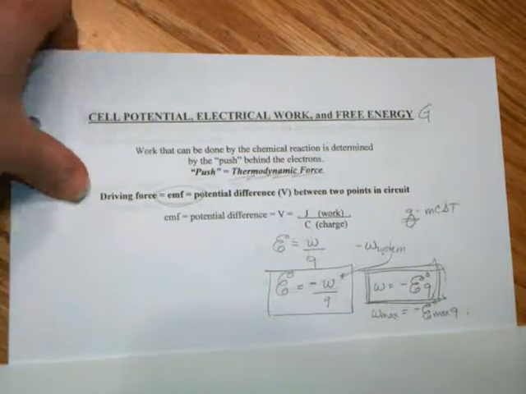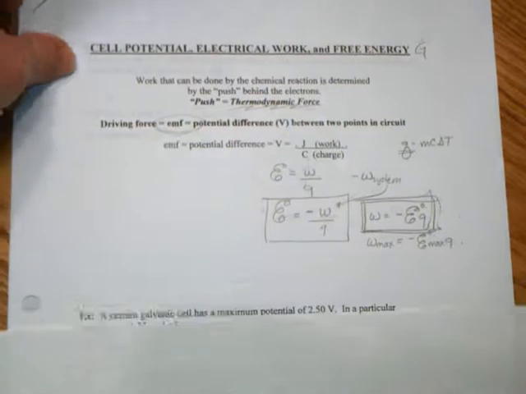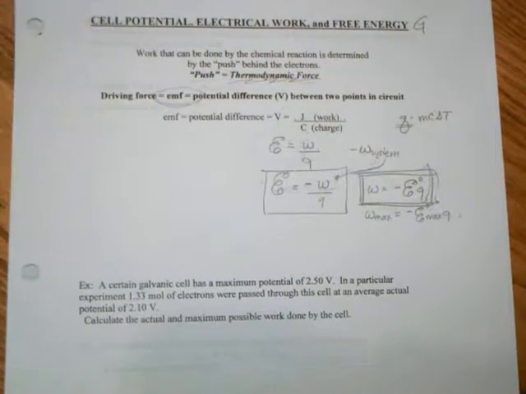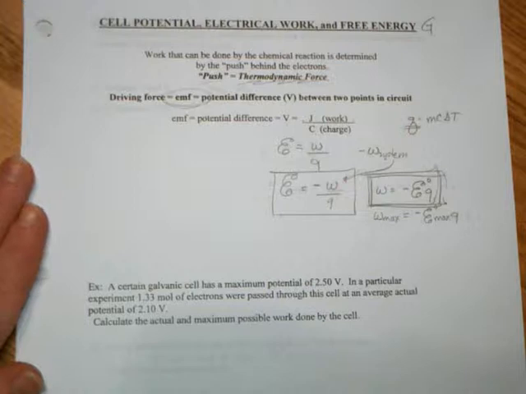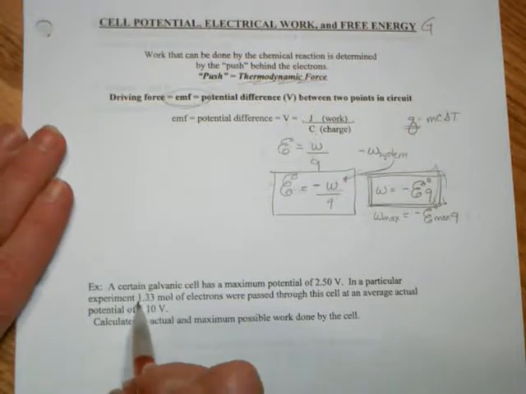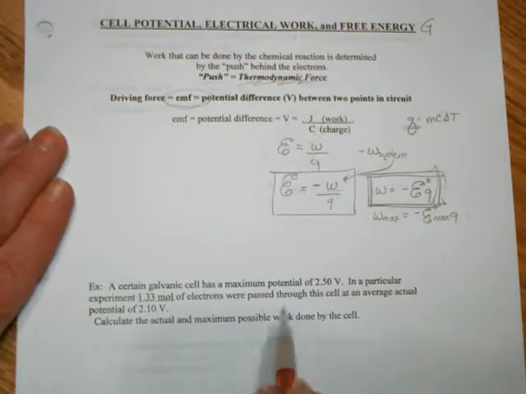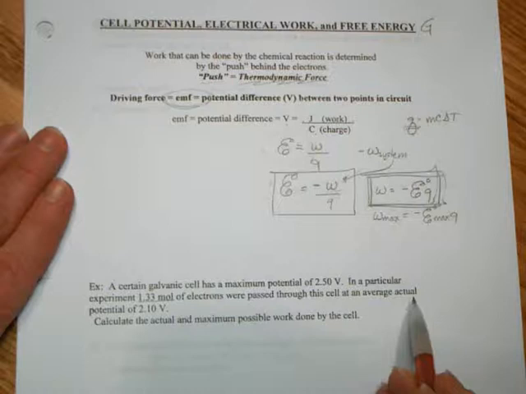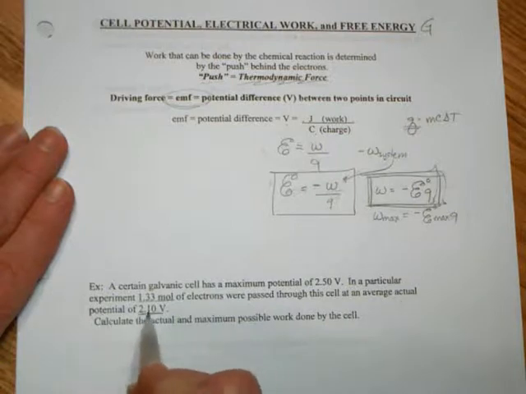Okay, so let's look at an example utilizing this. A certain galvanic cell has a maximum potential of 2.50 volts. In a particular experiment, 1.33 moles of electrons were passed through the cell at an average actual potential of 2.10 volts.